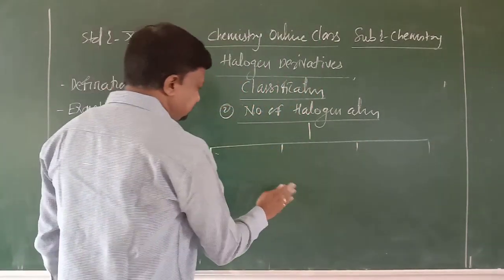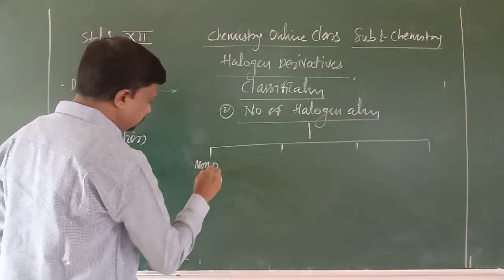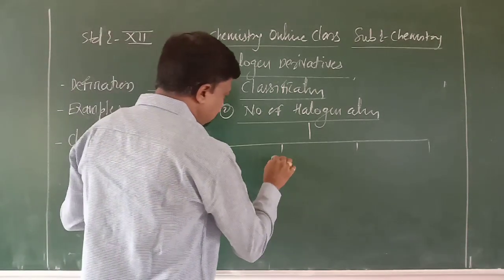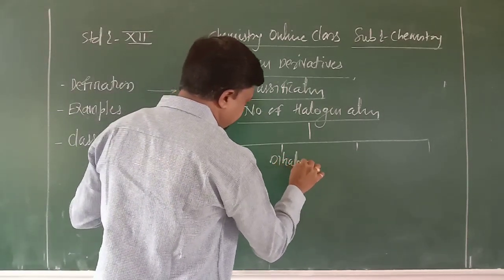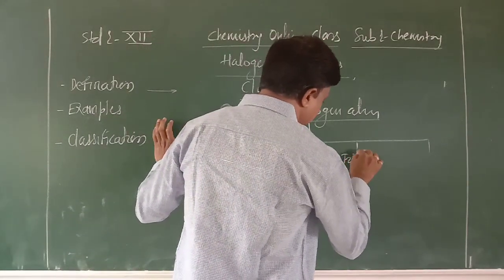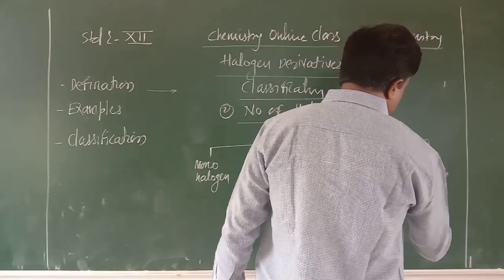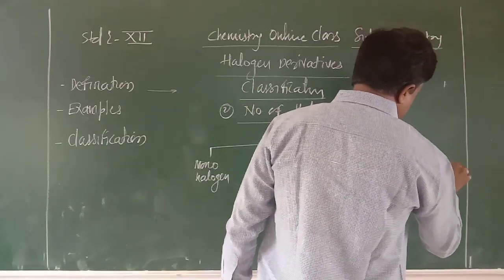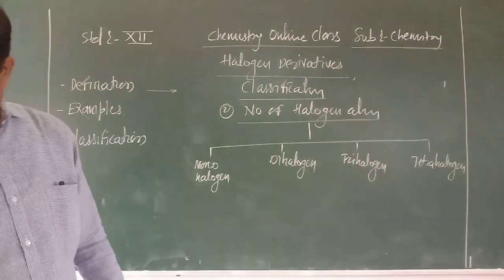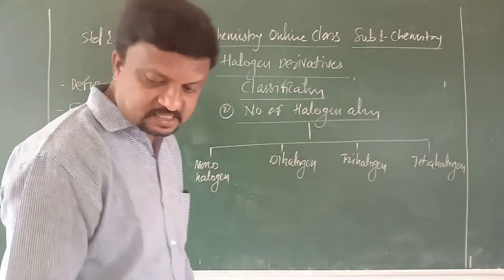One is called the monohalogen derivative, second is the dihalogen derivative, third is the trihalogen derivative, and fourth is the tetrahalogen derivative. These are the four types according to the number of halogen atoms present in the compound.